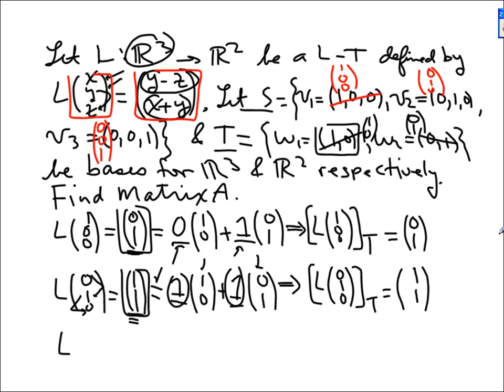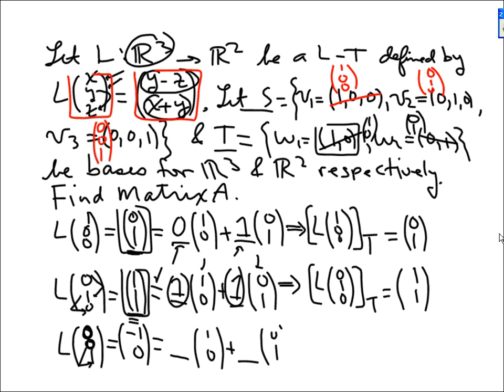Now I take L of the next vector in S, 0, 0, 1. First I do 0 minus 1, and I get negative 1. And then I do 0 plus 0, which is 0. I want to write this as a linear combination of the vectors in T. So it's some scale of 1, 0 plus some scale of 0, 1.